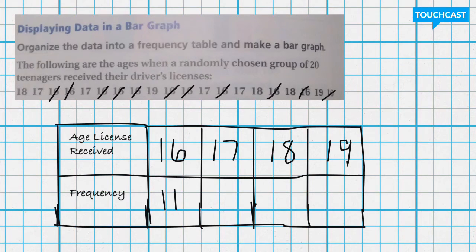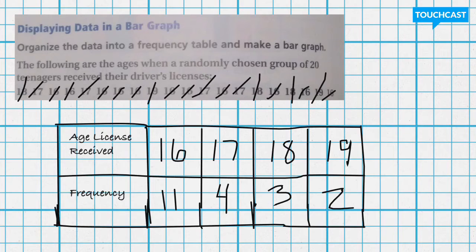Now how about 17? 17 appears 1, 2, 3, 4 times. 18 appears 1, 2, 3 times, and 19 2 times. So there we go. We have our frequency table.